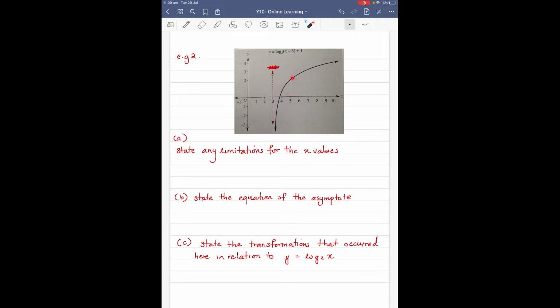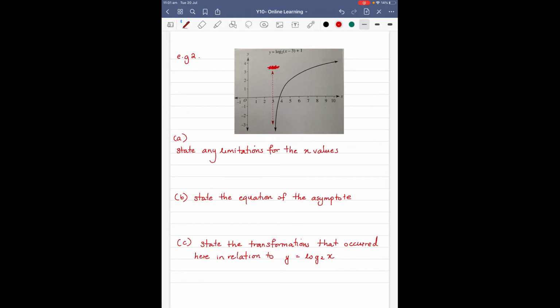When x is 5, the graph exists. When x is 3.5, the graph exists. But does the graph exist at 3? Obviously not, because there's an asymptote. So we can say the graph does exist when x is greater than 3.